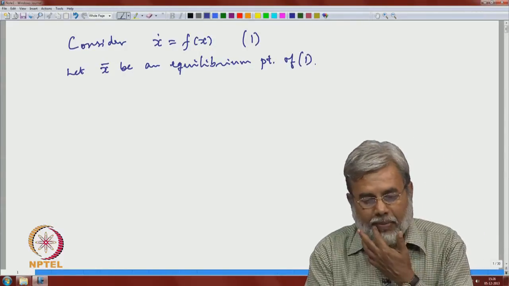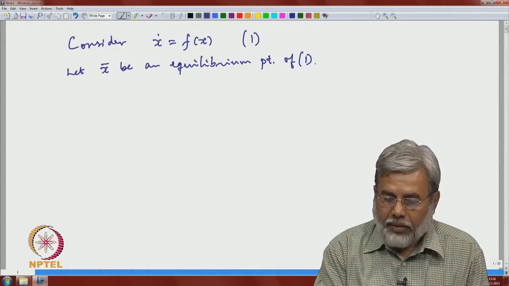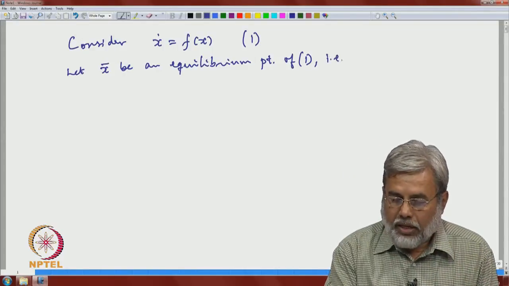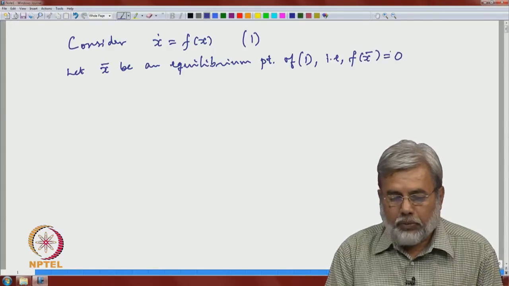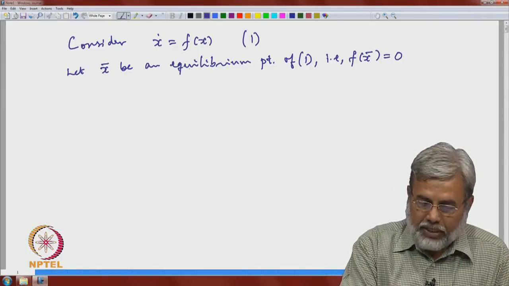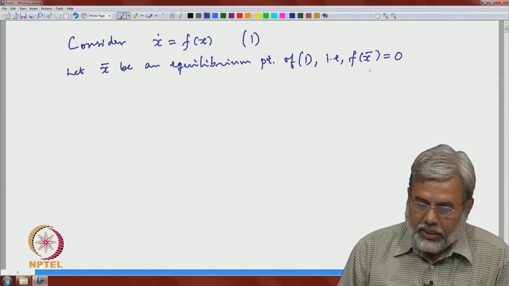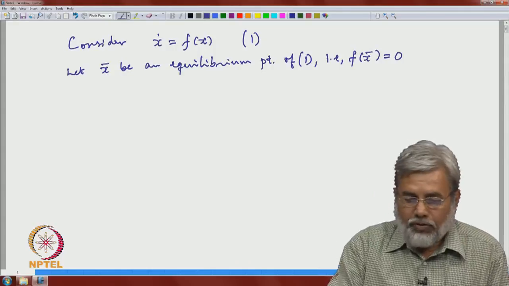Again, let me remind you that the right hand side is 0. So, if there are n equations here, x bar is the common zero of all those functions.